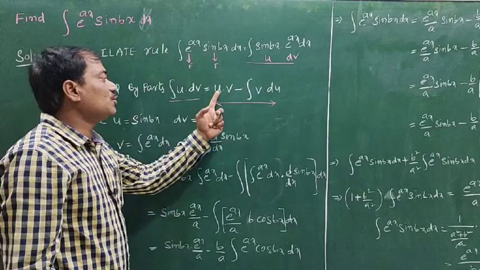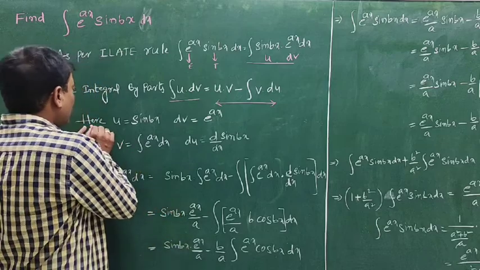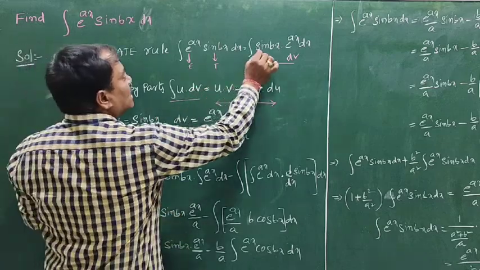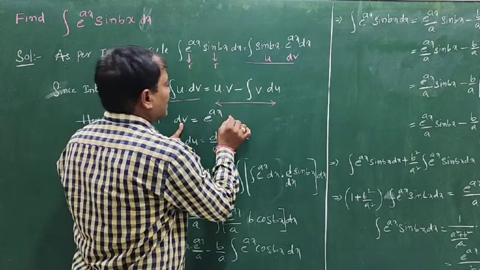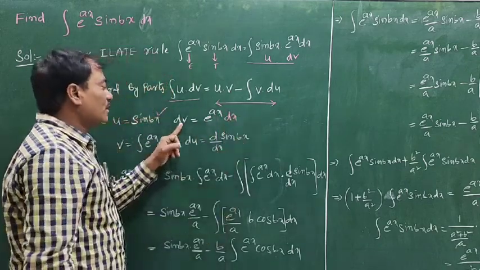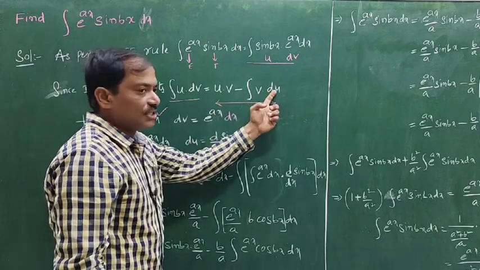So here, what is u? First we write u equal to sine bx and dv equal to e power ax dx. Now we have to find the remaining values, v and du.